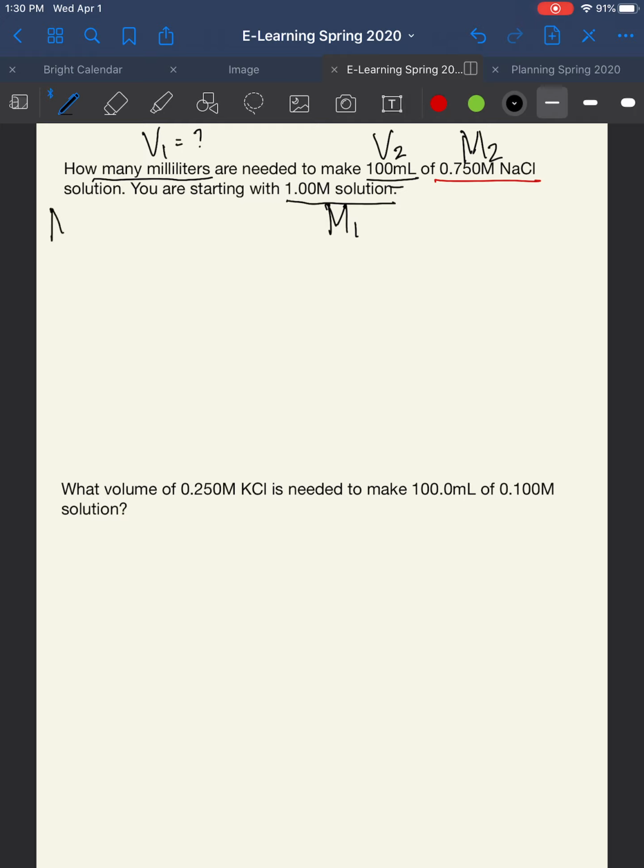When solving these questions, to make sure you know exactly what information you're given, I would recommend writing down the 4 variables, M1, V1, M2 and V2. My handwriting came out ugly.